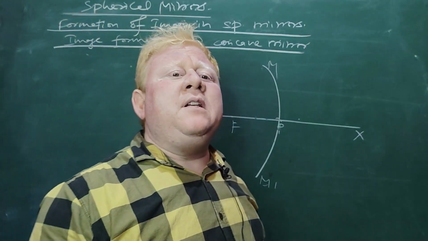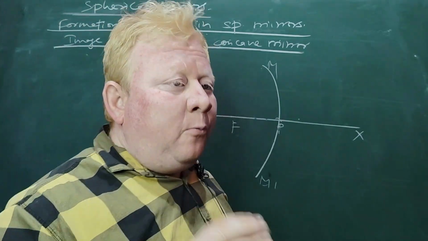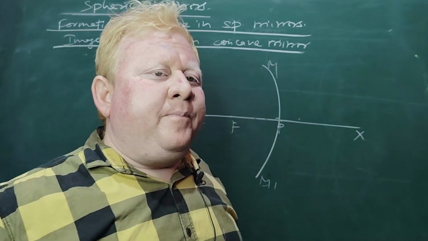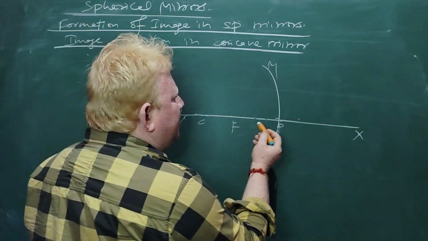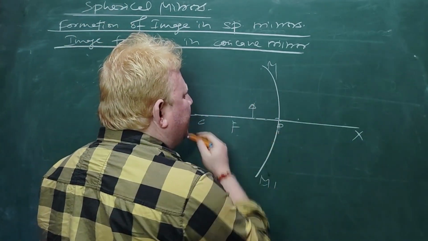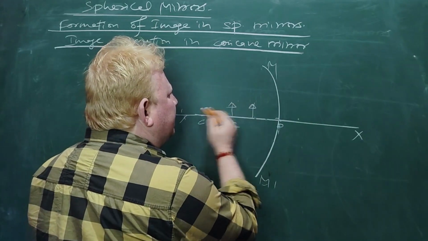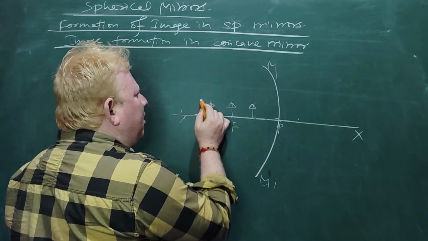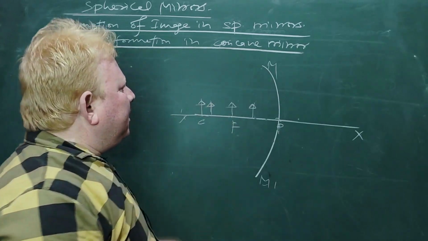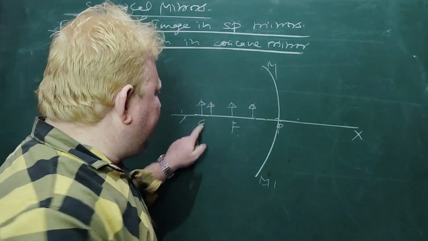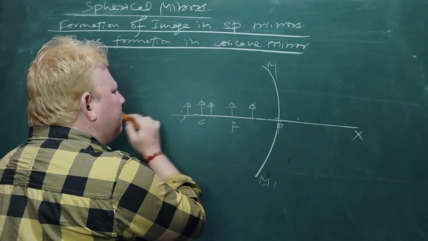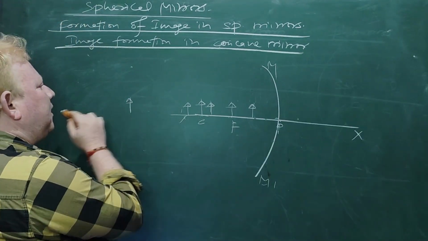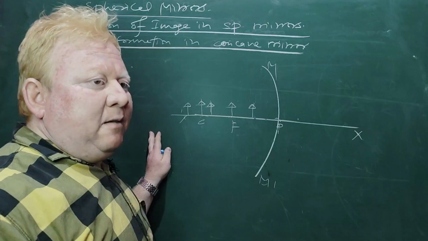The nature of image formed by this spherical mirror, whether concave or convex, depends upon the position of the object placed in front of it. So what are the possible positions where an object can be placed so that its image will be formed? I can place one object exactly at the focus, in between the center of curvature and the focus, exactly at the center of curvature, and beyond the center of curvature.